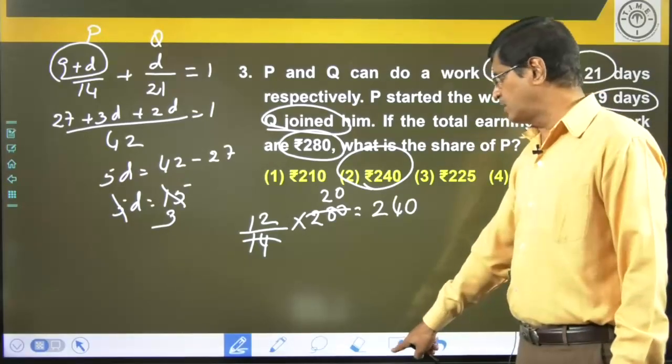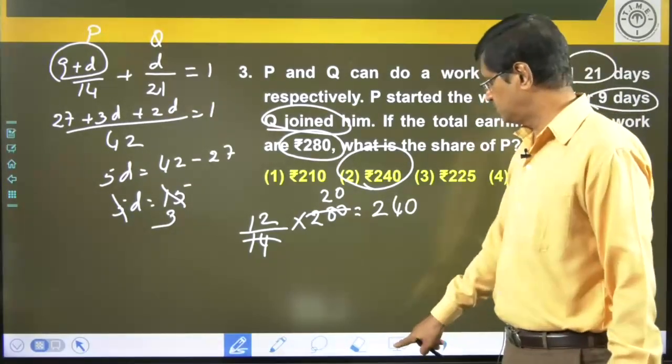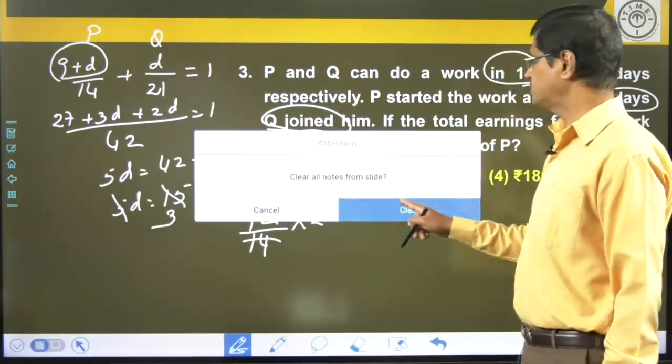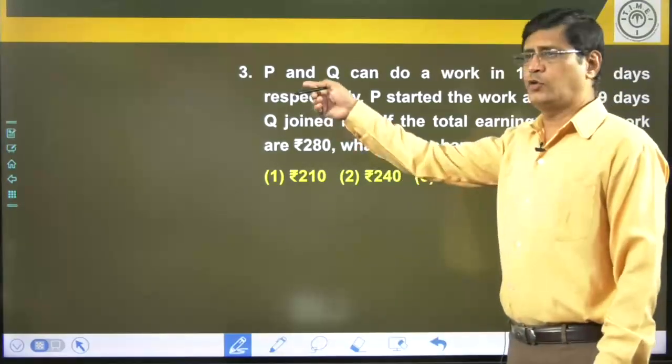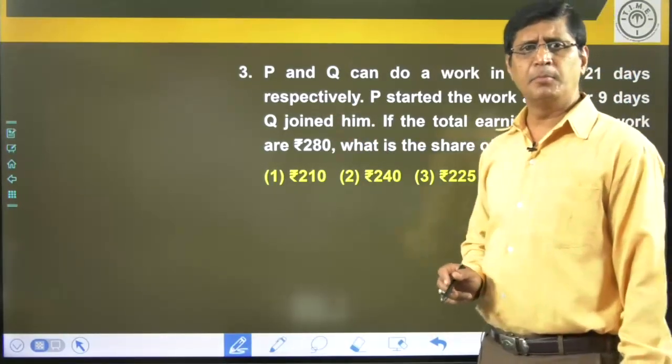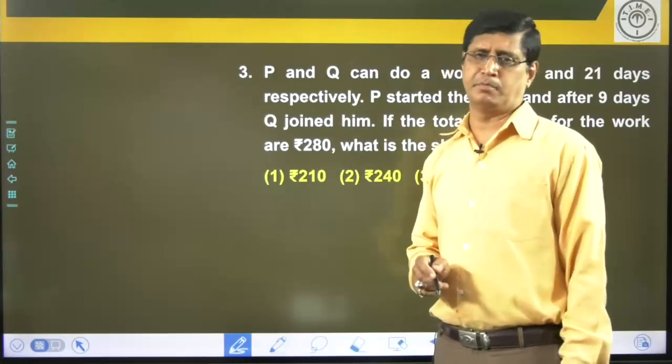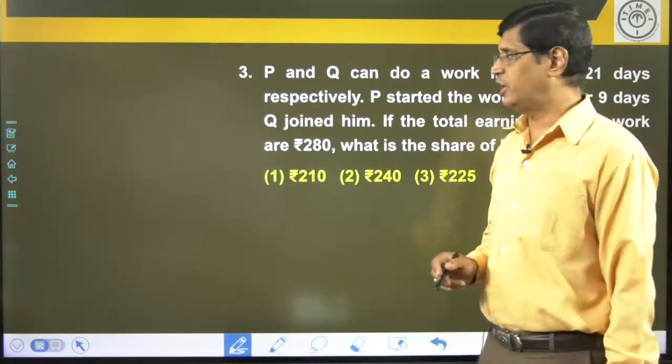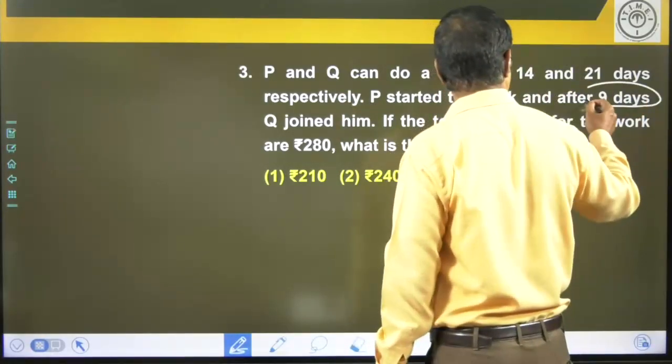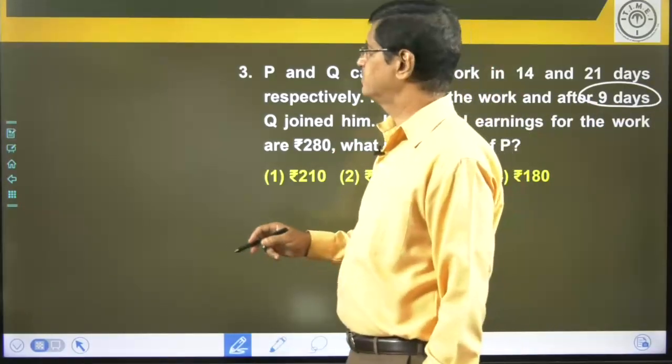Of course, we can answer the same question in one more way. Just look at the second method for the same question. Here P is the person who started the work and he worked for 9 days. After 9 days, Q joined.